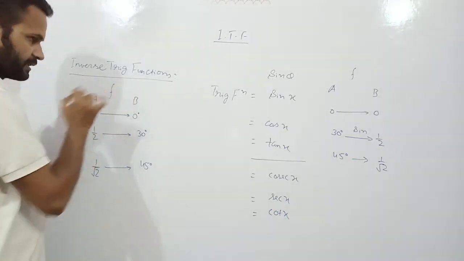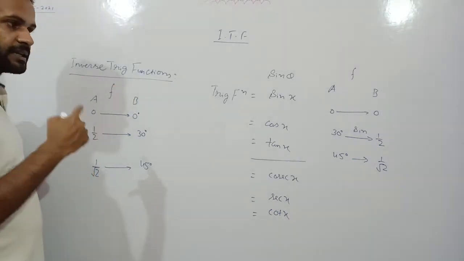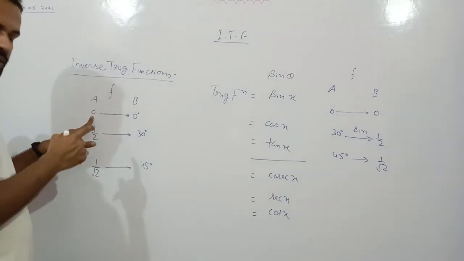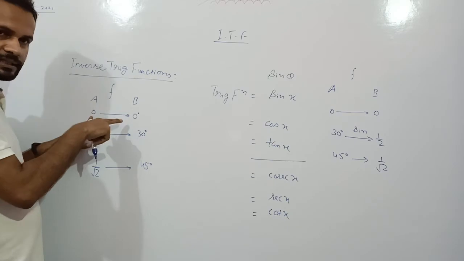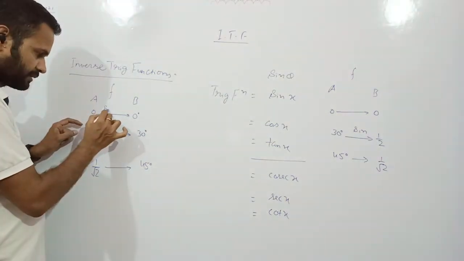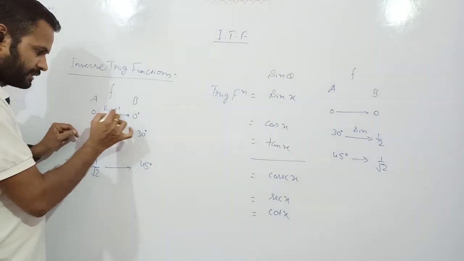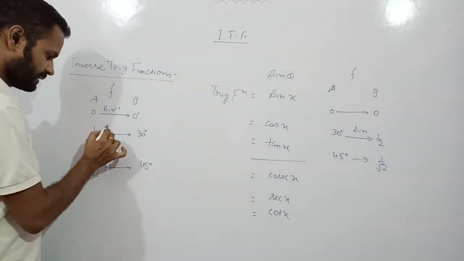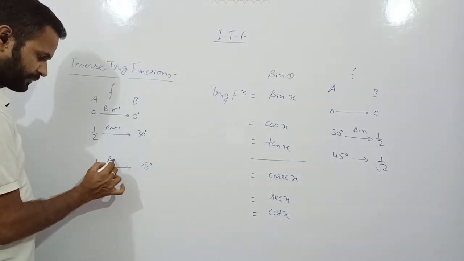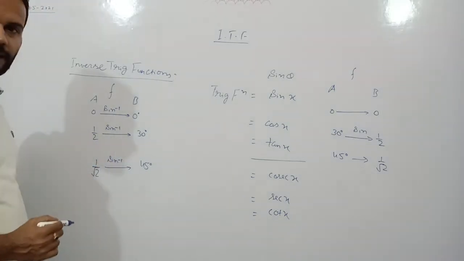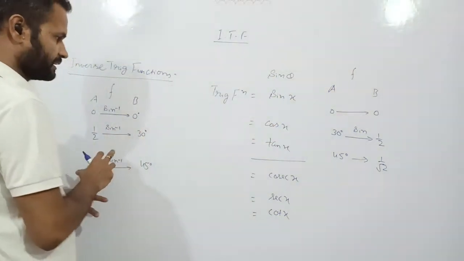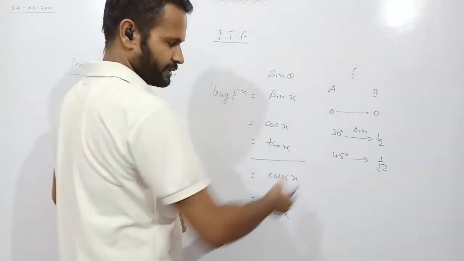And the function here working is inverse trigonometric function. Sine 0 equals to 0. So inverse of sine at 0 means we will write in this way, sine inverse. Here the function is sine inverse. Now you can better understand this concept by rearranging this arrangement of trigonometric functions.